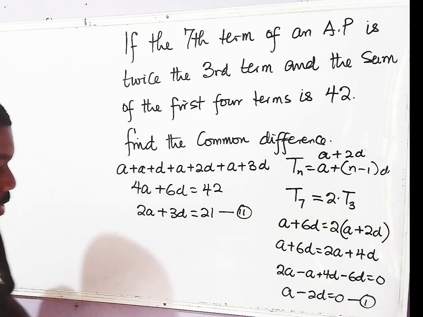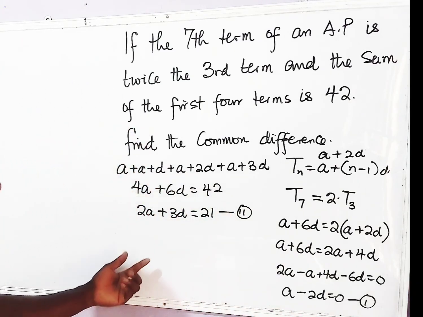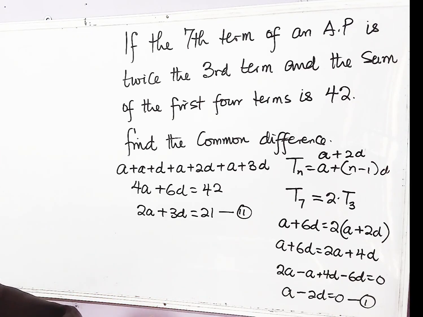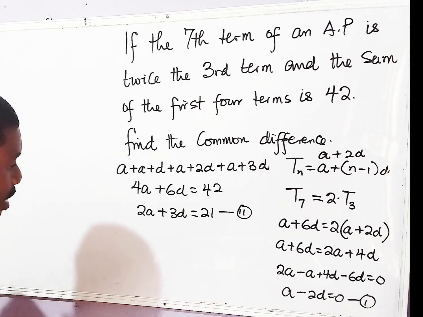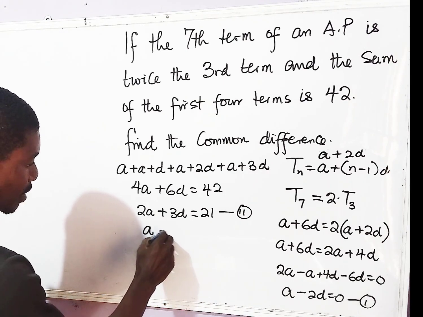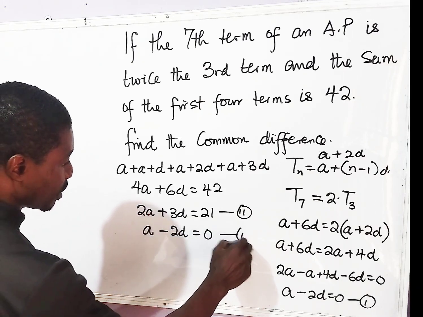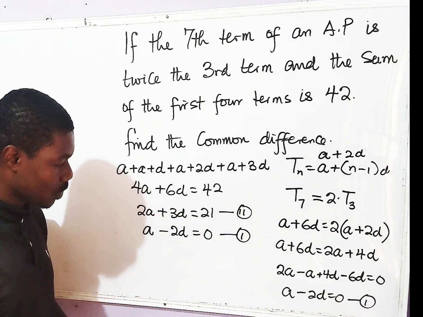Alright, so let's bring this over to this end. So here we have a minus 2d then all equals 0. Let's just make this equation 1.